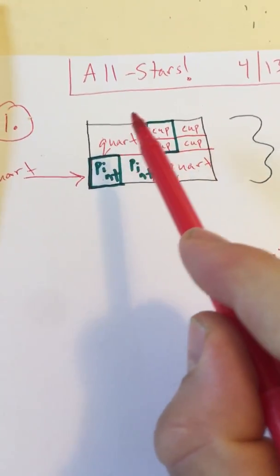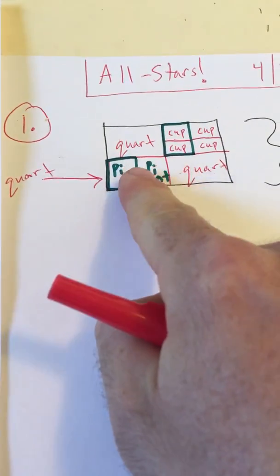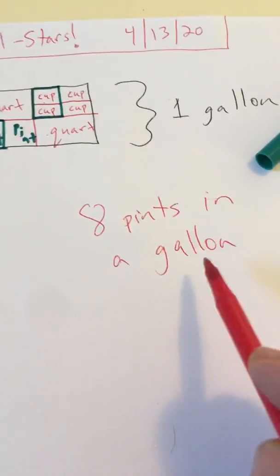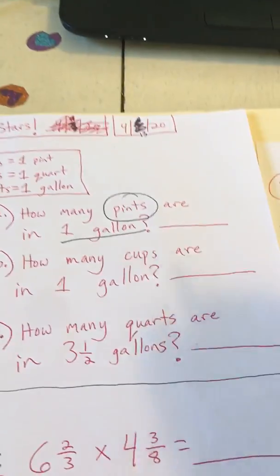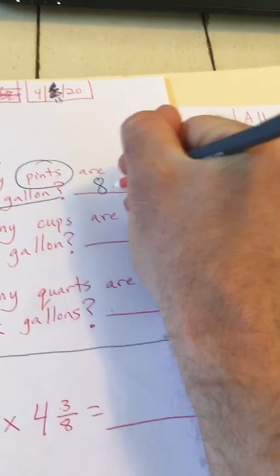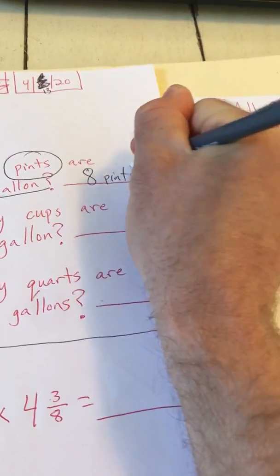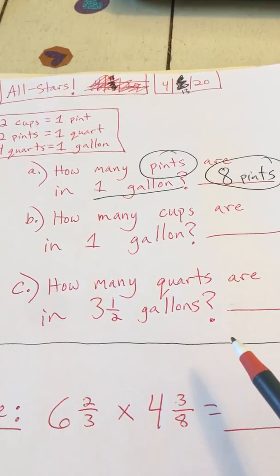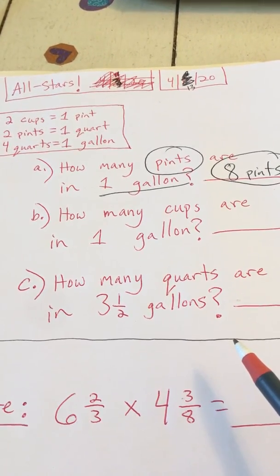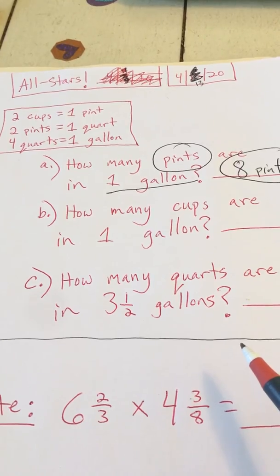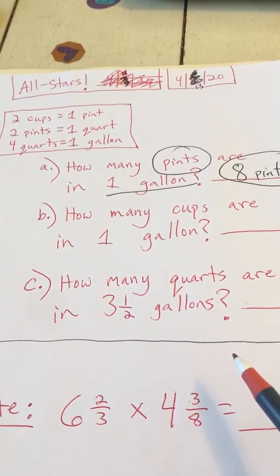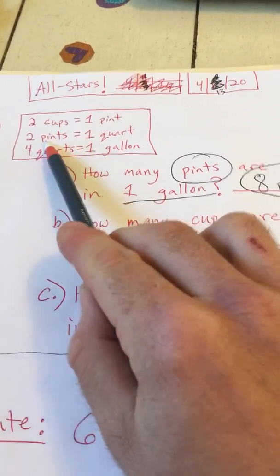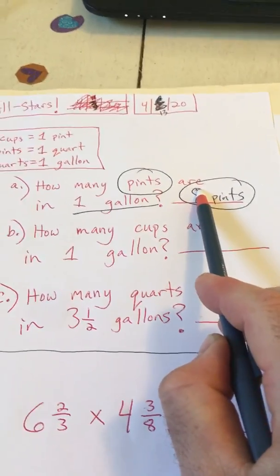If each quart is 2 pints, then there's 2, 4, 6, 8 pints in a gallon. So the answer for number 1, how many pints are in 1 gallon? 8 pints is the answer to that. Pretty good. 4 quarts times 2 pints in each quart will be 4 times 2 is 8.